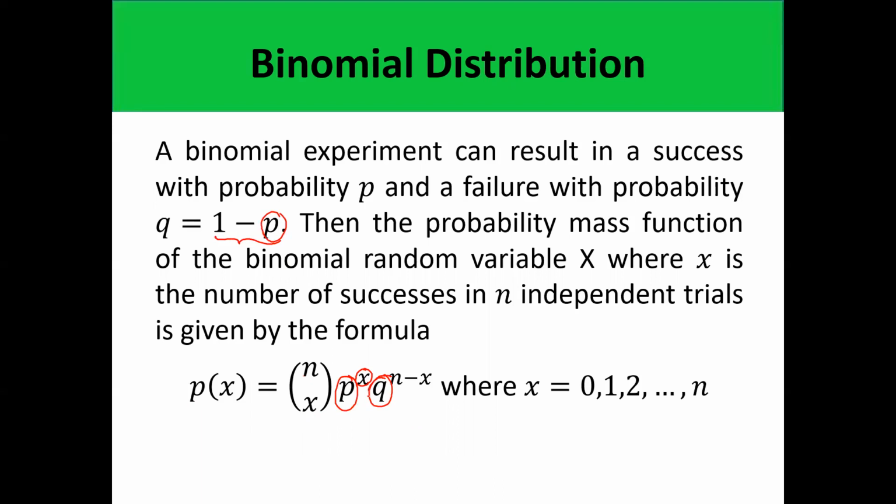This probability of failure is raised to n minus x. This random variable x is actually defined as the number of successes out of the n trials, and n minus x here is the number of failures out of n trials. That's why in the binomial distribution, the possible values of x range only from 0 up to a maximum value of n.